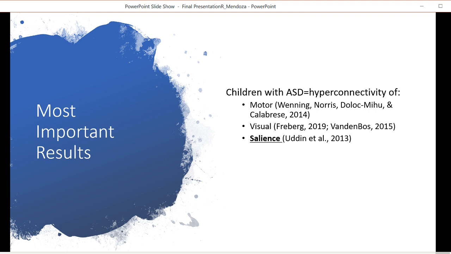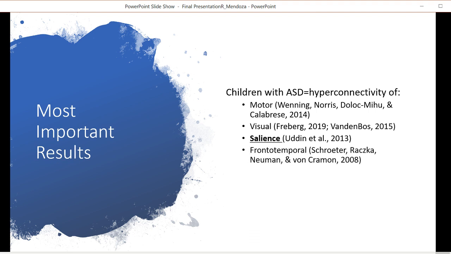This particular network has key nodes in the insular cortex and is critical for detecting behaviorally relevant stimuli and for coordinating the brain's neural resources in response to this stimuli. The insular cortex is a complex and multi-purpose structure that plays a role in numerous cognitive functions related to perception, emotion, and interpersonal experience.